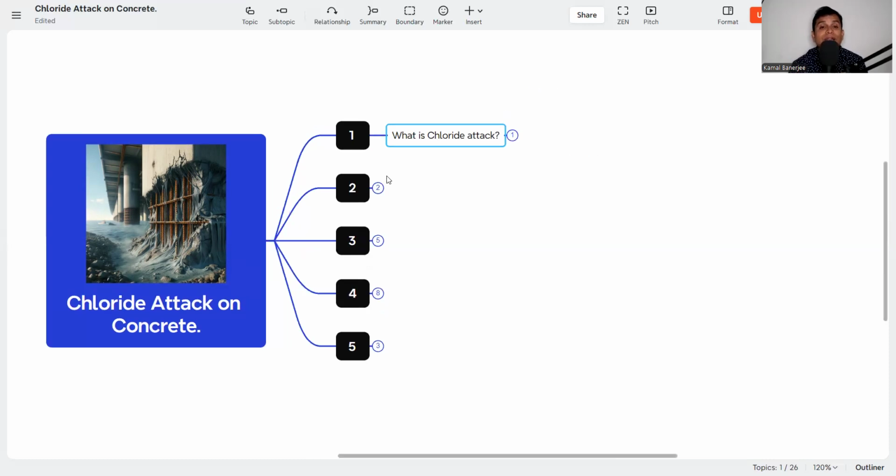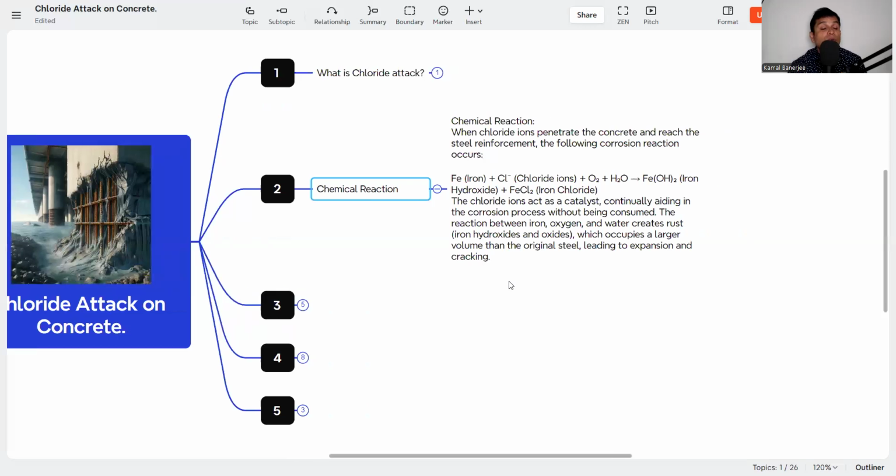The next is what chemical reaction happens whenever the chloride ion penetrates inside the concrete. When chloride ions penetrate the concrete and reach the steel reinforcement, the following reactions can happen. The chloride ions will start reacting with the iron in the presence of oxygen and water. So again, water is a paramount factor.